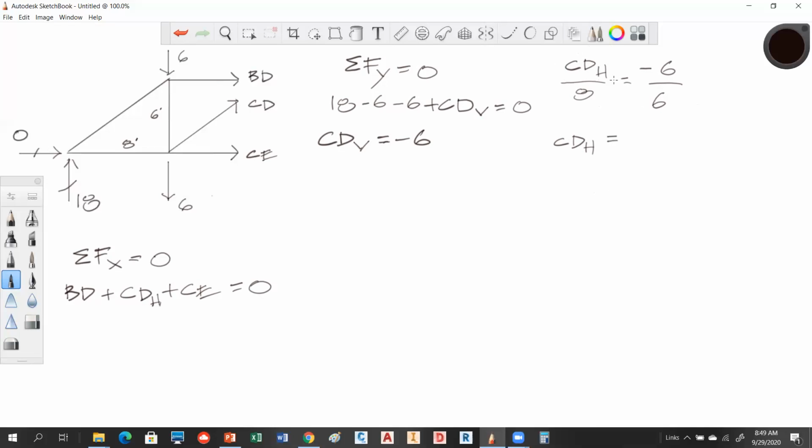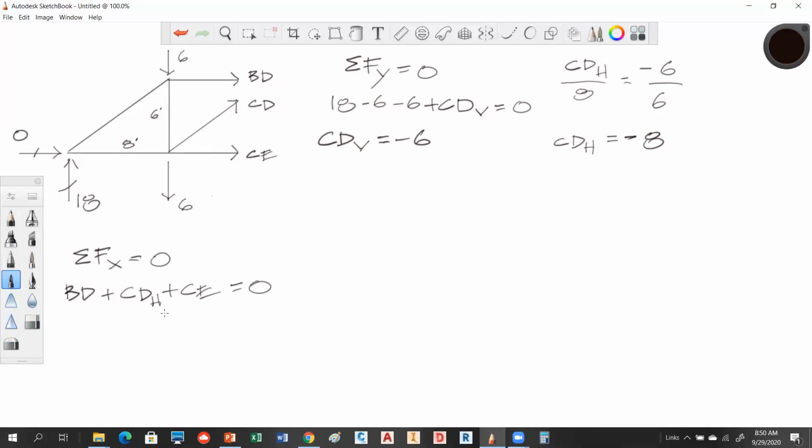Horizontal component is to 8 feet, negative is to 6 feet. No one can solve that? Proportion? 8 times negative 6 divided by 6? Negative 8. Okay, so when we come back into this equation, we're going to plug this in as a negative 8. But we still have 2 unknowns, so there's no point in putting that in there yet.